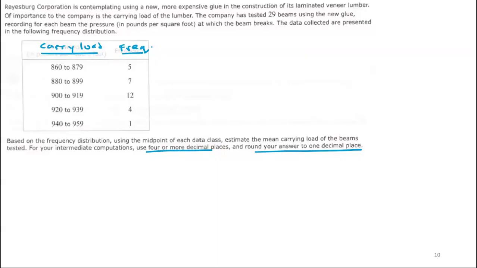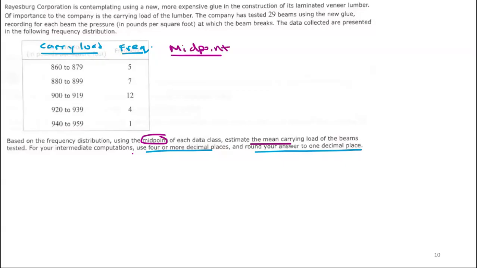Right. So the key word here is midpoint. The key word here is midpoint. So what we need to do is create another column based on the midpoint. So, guys, we want to estimate the mean carrying load of the beams. So let's put the midpoint column here.